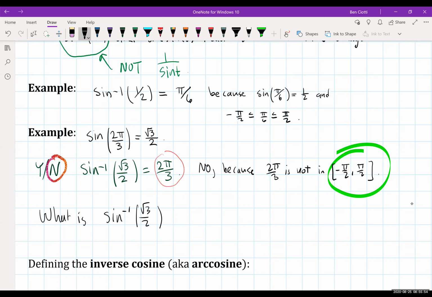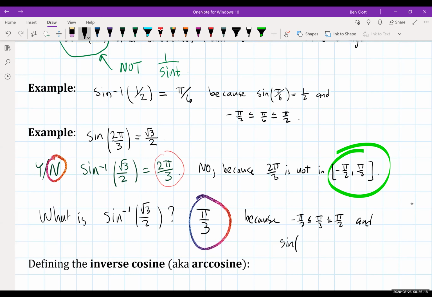This is pi over 3. Yeah, so pi over 3 is indeed inside negative pi over 2 to pi over 2. And sine pi over 3 does equal root 3 over 2.